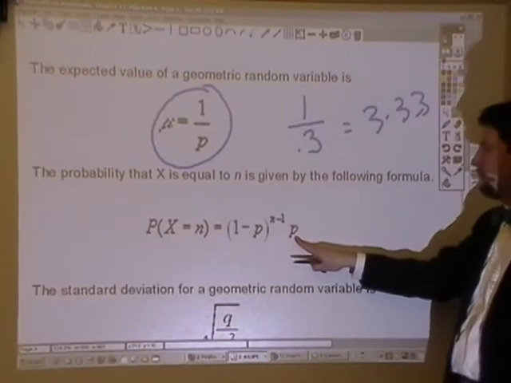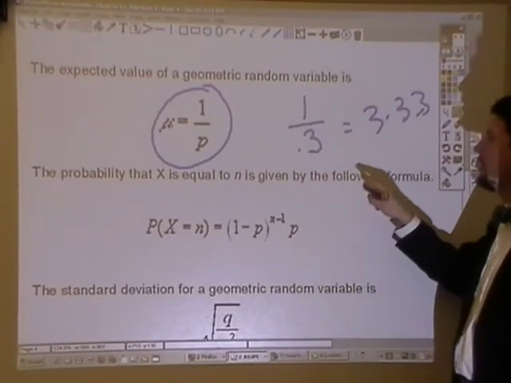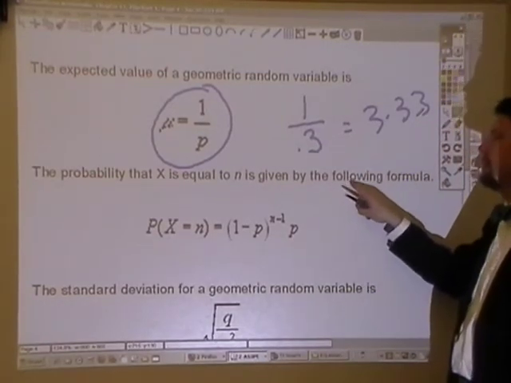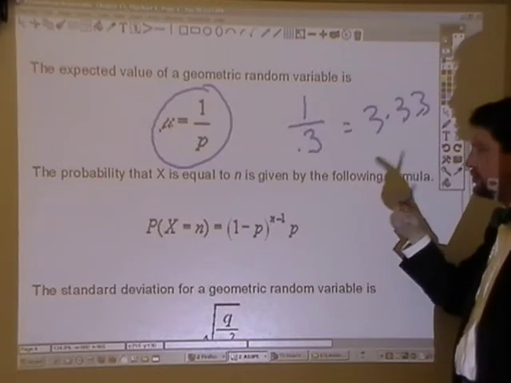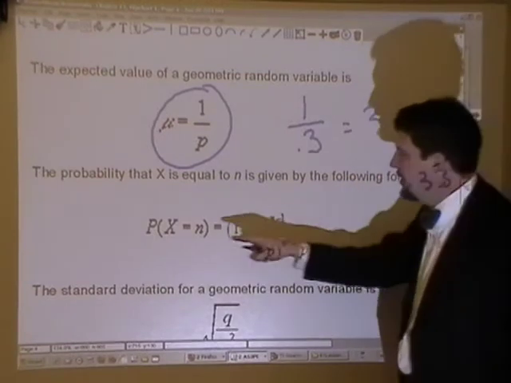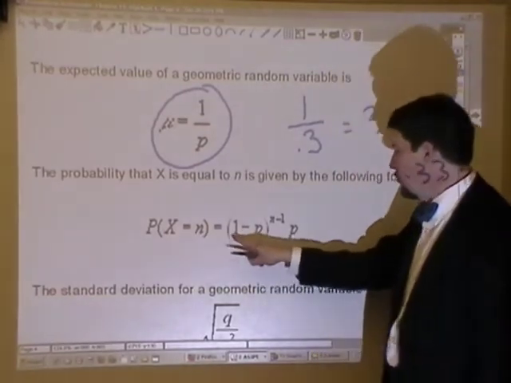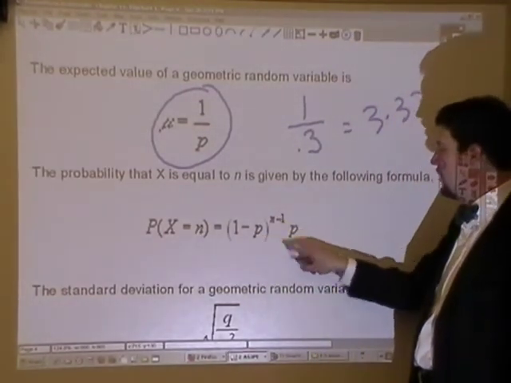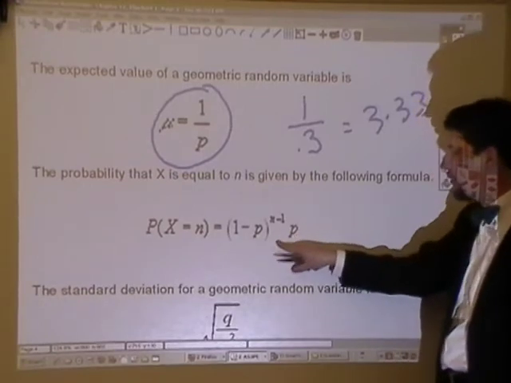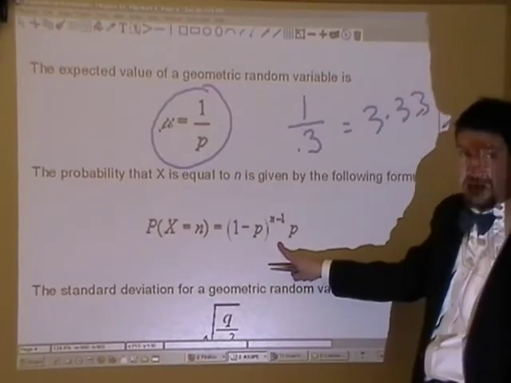Here's the formula for a geometric distribution or geometric probability: the probability of x equaling n, the number that you set in there, is equal to (1 minus p) to the n minus 1, times p. That sounds confusing, but it's not.